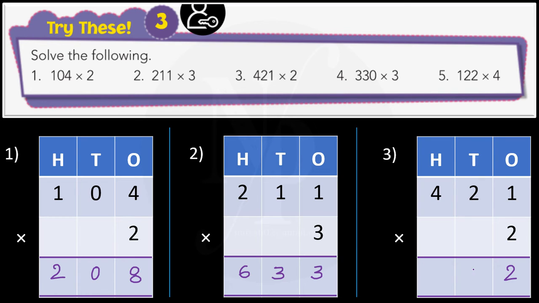So 4 tens are written in tens column, and we have 4 hundreds here. 4 in hundreds place represents 4 hundreds. 4 hundreds into 2 is 8 hundreds. So we write 8 in hundreds column. So now the product is 842. Let us now move to the next question.